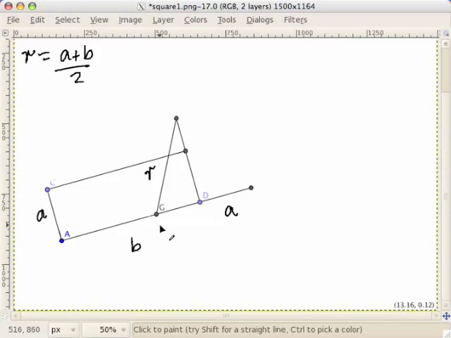Then that would make this distance here, between there and there, if it's B, between there and there, can you see that this is B minus R?